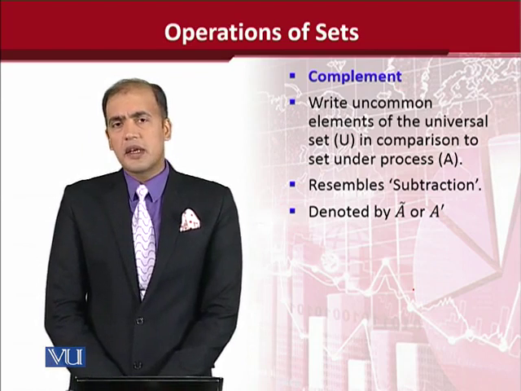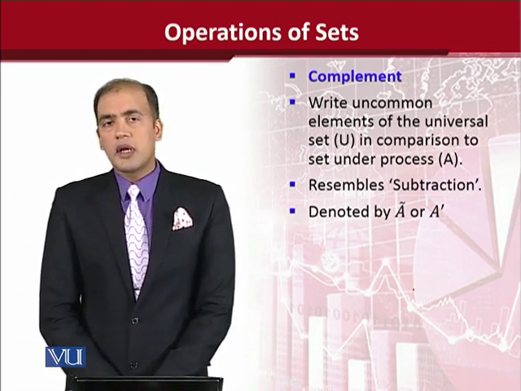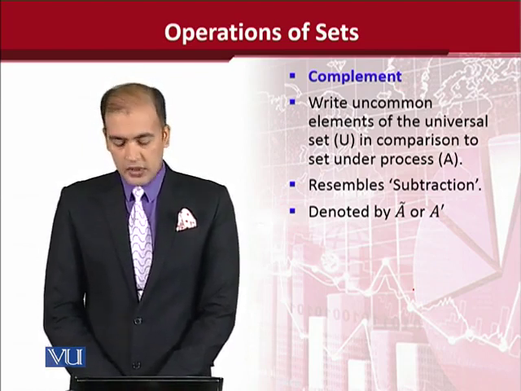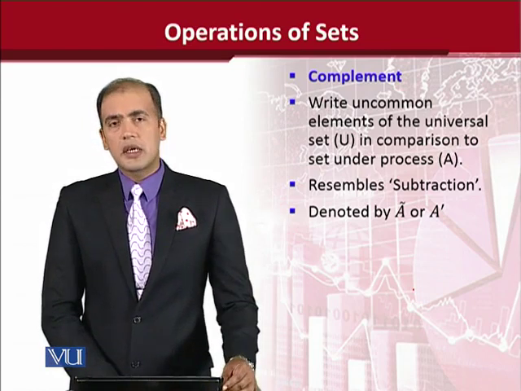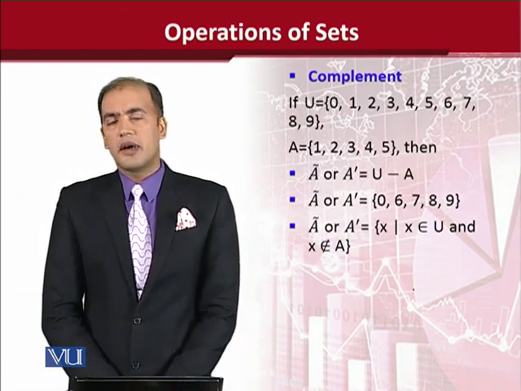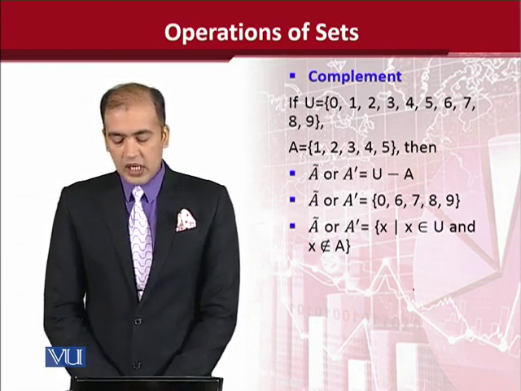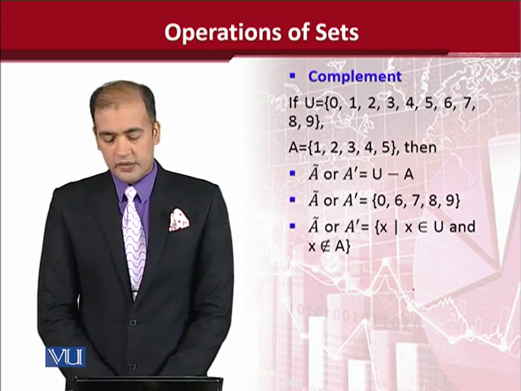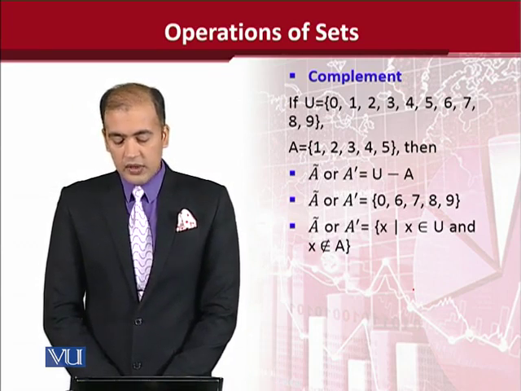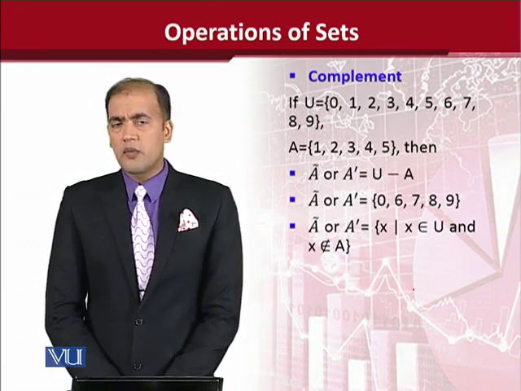The notations A prime, A bar or A tilde are what we use to denote the complement of a set. This example shows you a universal set which starts from 0 and ends at 9. And A has numbers from 1 to 5.